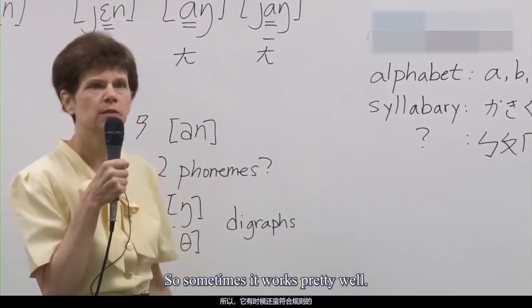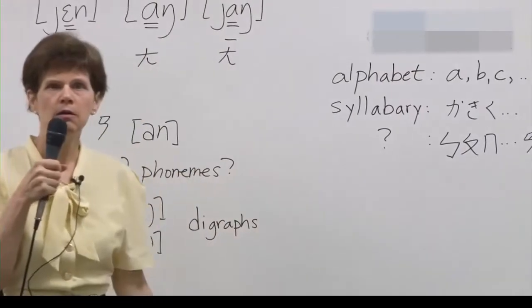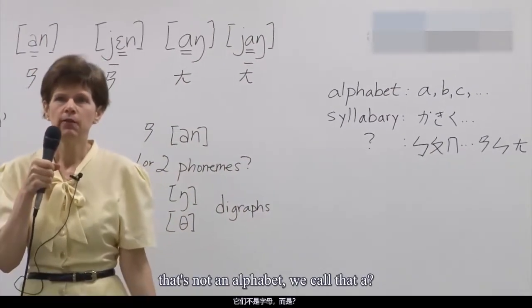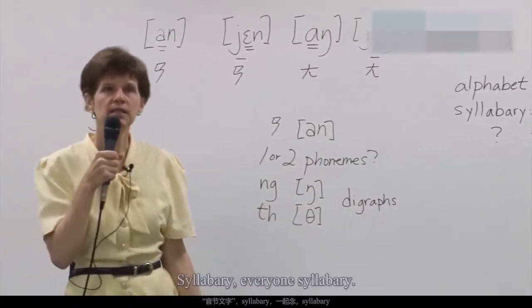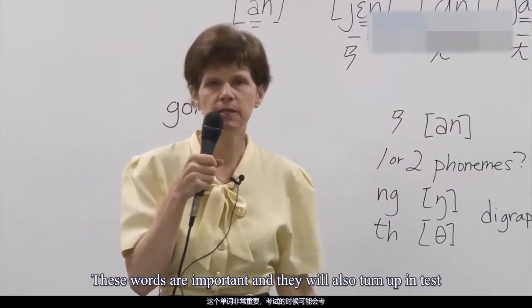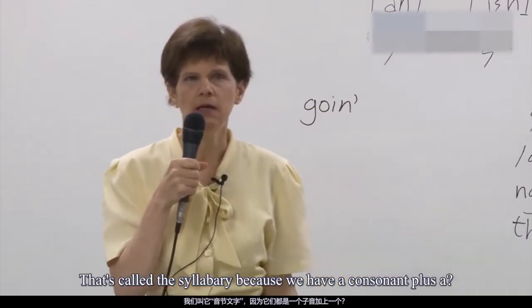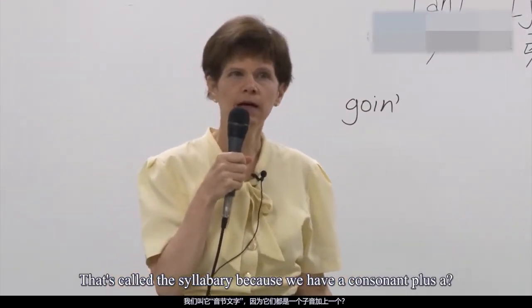So sometimes it works pretty well. For Japanese, we have kaki, kuke, ko. That's not an alphabet. We call that a syllabary. Everyone's syllabary. These words are important and they will also turn up in tests. Make sure you understand them and you know the words. That's called a syllabary because we have a consonant plus a vowel.